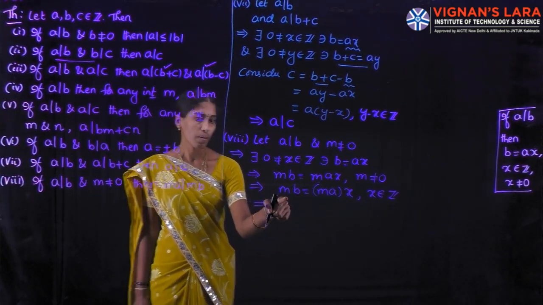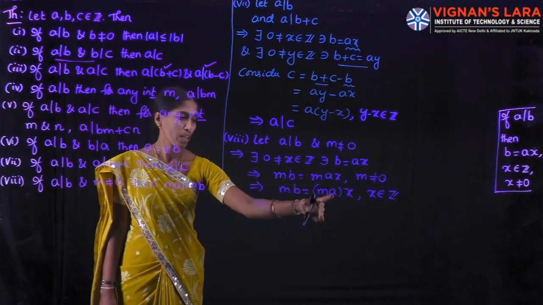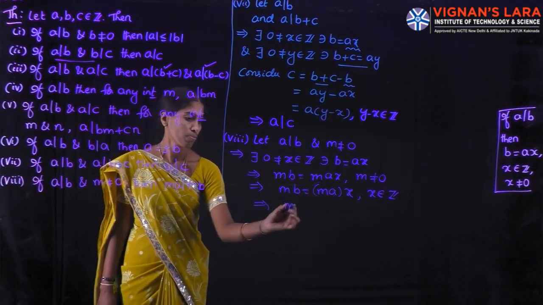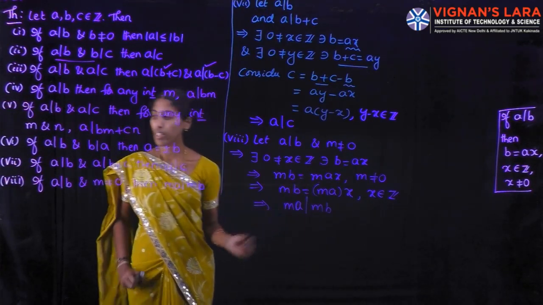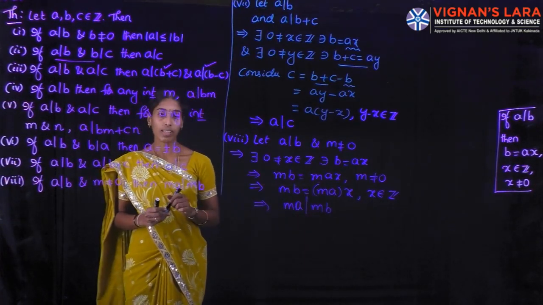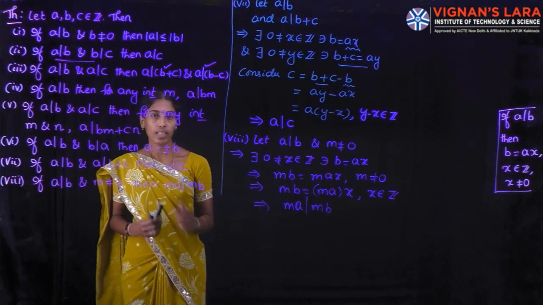MB is a multiple of MA, so that MA divides MB. With this, all the 8 parts of this result are completed. Next, we will see the division algorithm.